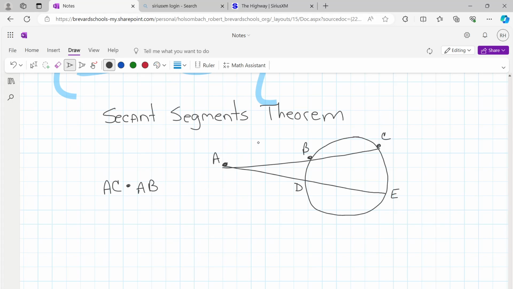All right, so the entire segment times the external segment is equal to the other entire piece or entire secant, which is AE, times its external piece, which is AD.